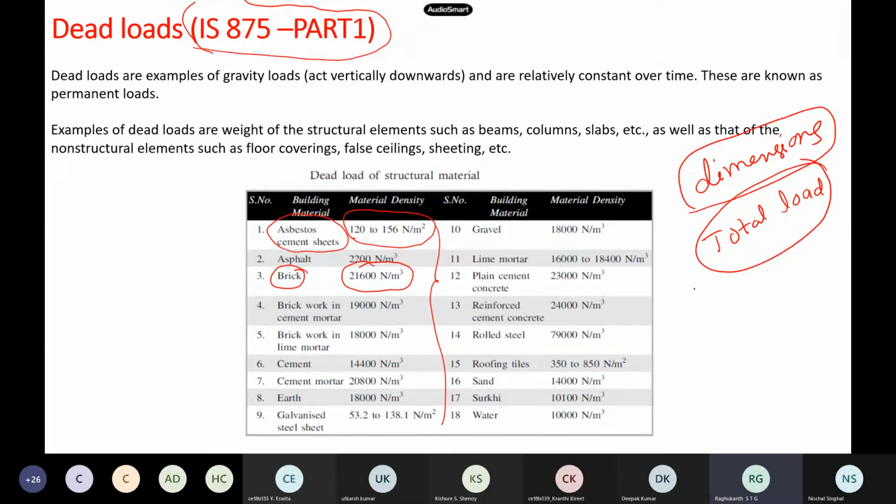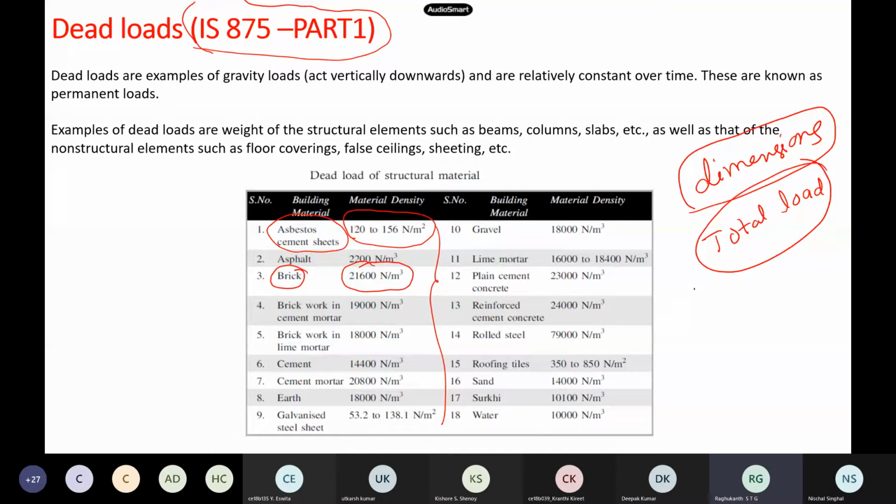Now in steel structures, we have a big problem here. How do you know the dead load before starting? Can you calculate dead load in steel structures? What is design about? Design is essentially obtaining the dimensions.